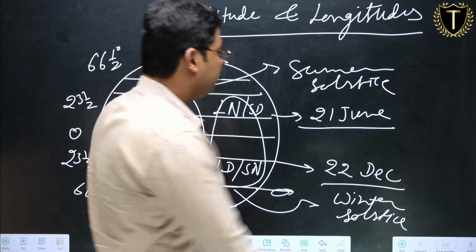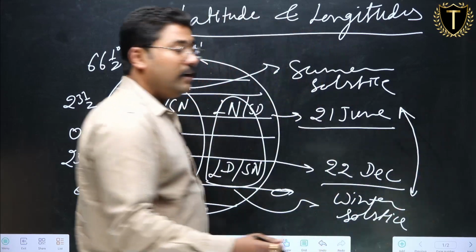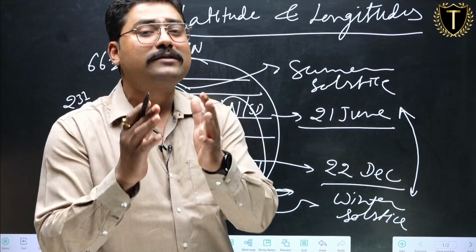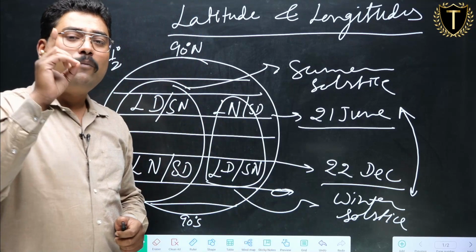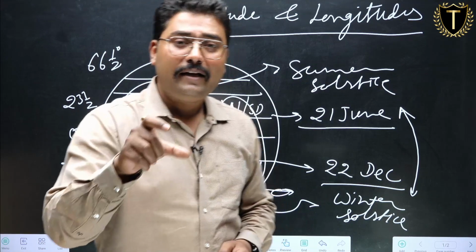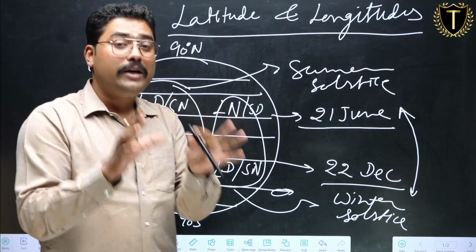This means the places which are located between 23.5 degree north and 23.5 degree south are going to experience a minimum of one time vertical sun rays and a minimum of one day as zero shadow day.